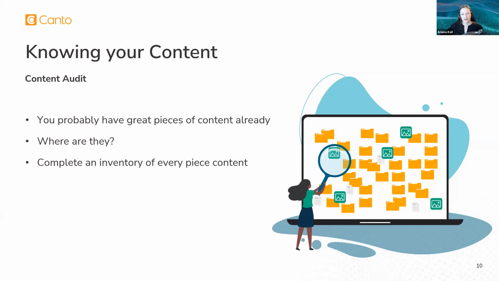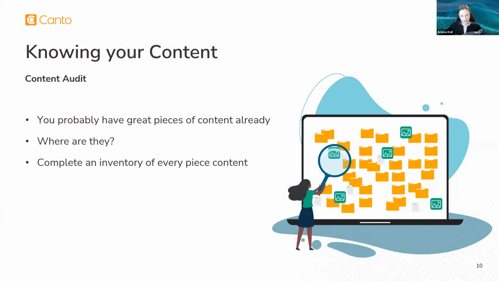So knowing your content, the first thing you're going to want to do is a content audit. You probably already have great content, but where is it? You want to complete an inventory of every piece of content. This includes all your copy, impact stories, white papers, interviews, annual appeals, the copy from your social posts, the copy from your emails, all your video content, whether it's old archival footage or recent footage.